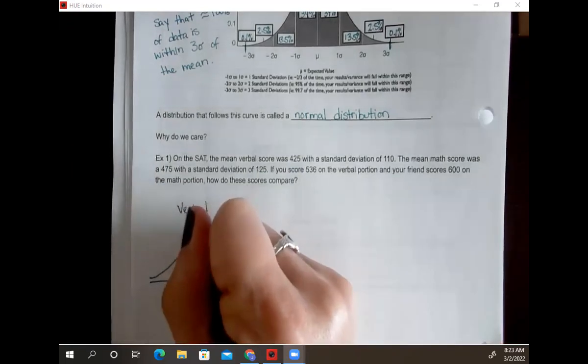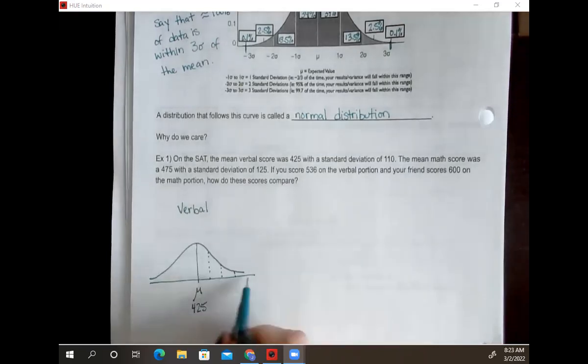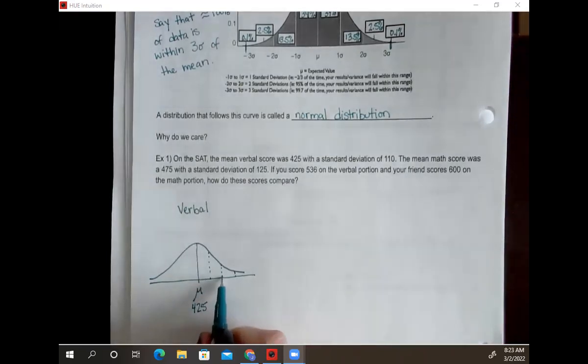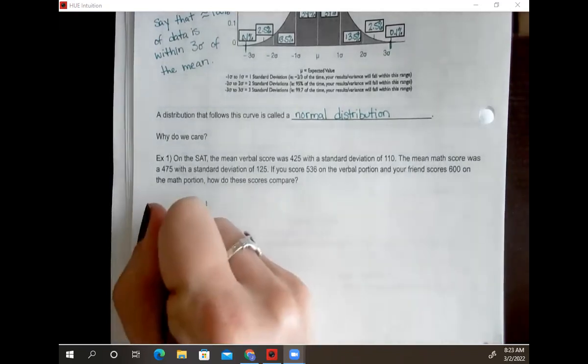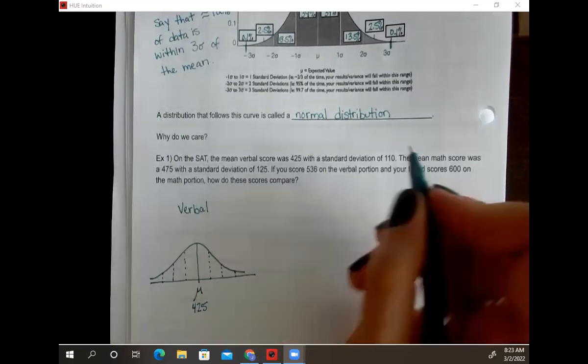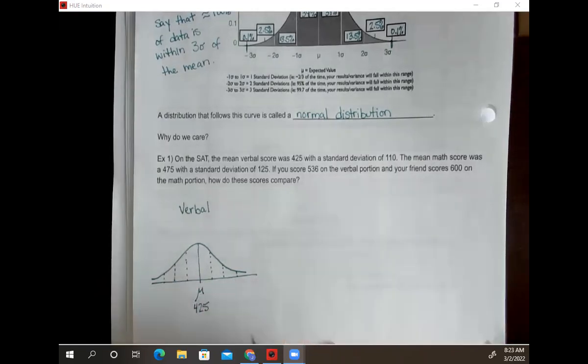Anytime I draw a normal curve, I'm going to split it into 3 pieces on either side: 1 standard deviation, 2, and then 3 above, and the same thing on the other side, 1, 2, and 3 below. I'm going to label these based on the standard deviation for this set. The standard deviation is 110, so I'm going to add 110 to label each of these.